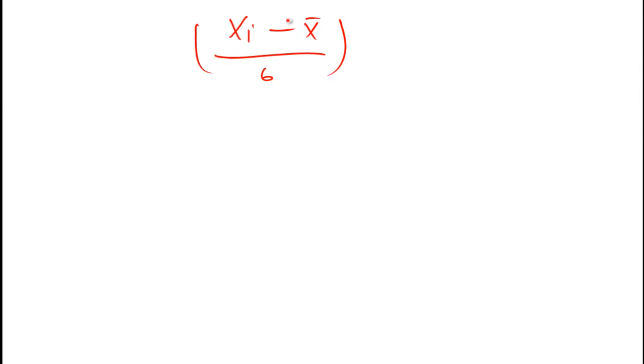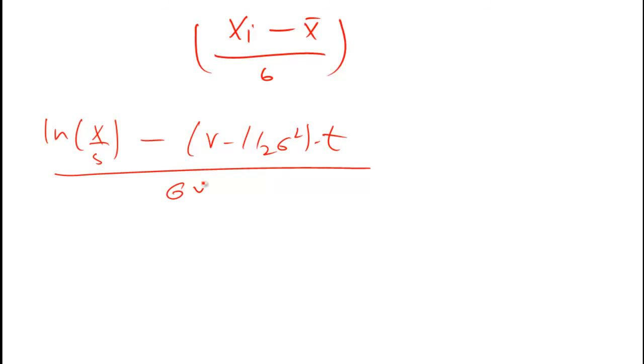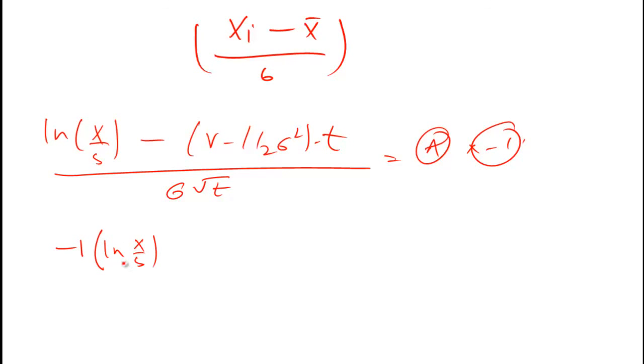Our definition, remember, was the framework xi minus x bar by sigma. Xi is the jump, which is ln x over s, minus r minus half sigma square into t, the expected return, divided by sigma into under root t, which is the distribution. Let's call this A. Let's multiply A with minus 1. What do we get? We get minus 1 into ln x over s.